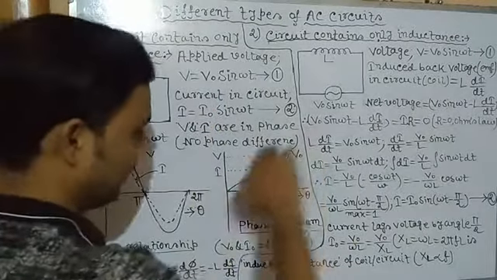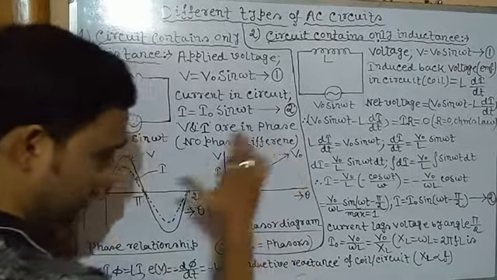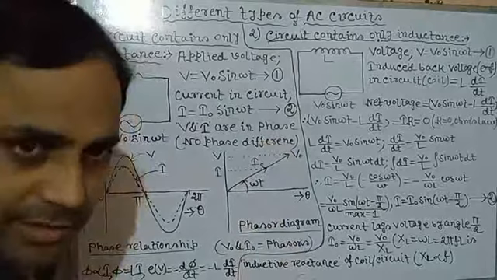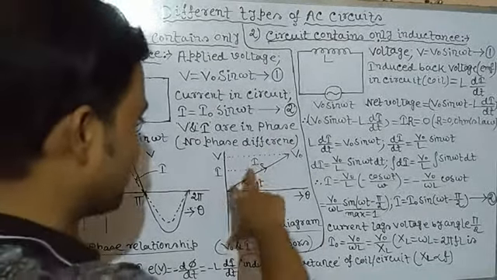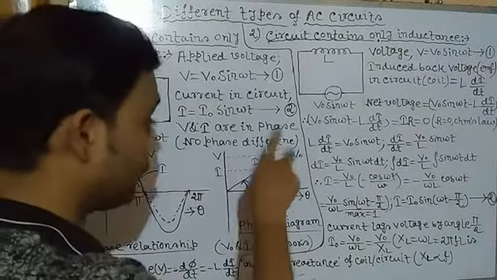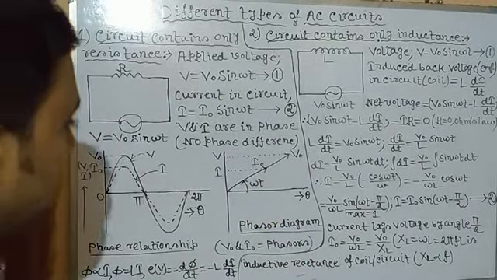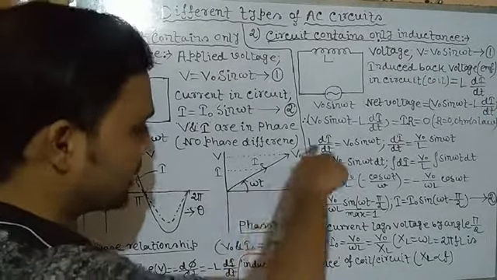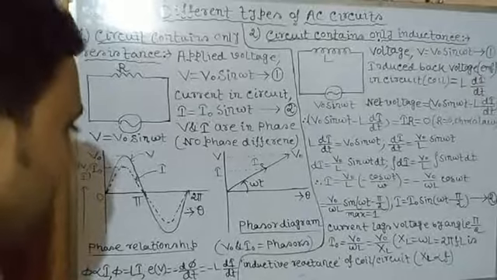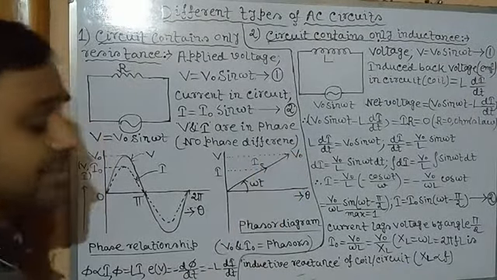After rotating by an angle omega t in the anti-clockwise direction, they reach here. And you can see both I0 and V0 are on the same straight line, which represents their same phase, isn't it? V0 is the peak value of alternating voltage, I0 is the peak value of alternating current. Both lie on the same line, meaning they are in phase. Clear? Now these V0 and I0 are called phasors.